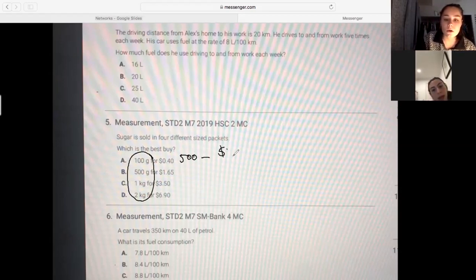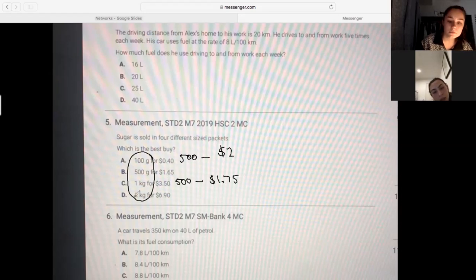So that's more expensive than B. Does that make sense? If it's $2 for 500, then 165. And then for C, for 500 grams, I divide it by 2, because 1 kilogram is 1,000 grams. And then I have to divide the money by 2, and that gives me, I think, $1.75, maybe.